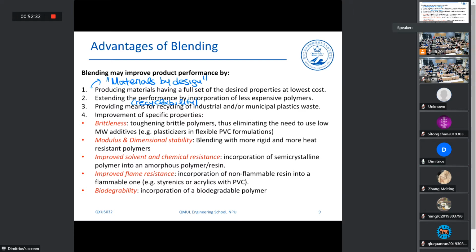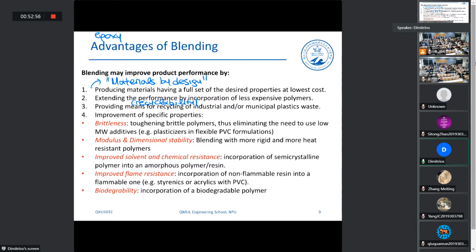And finally, in terms of specific properties, we can improve brittleness, okay? By blending, essentially, let's say, epoxy materials, we know that they are stiff, okay? And they cannot elongate a lot because of a large amount of very hard crosslinks, okay?